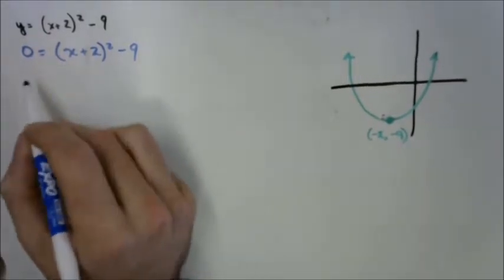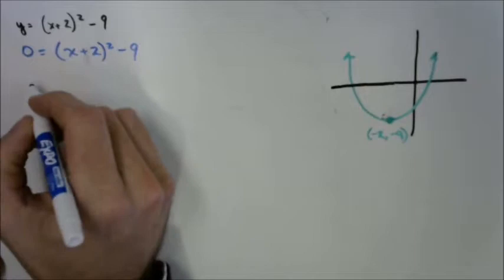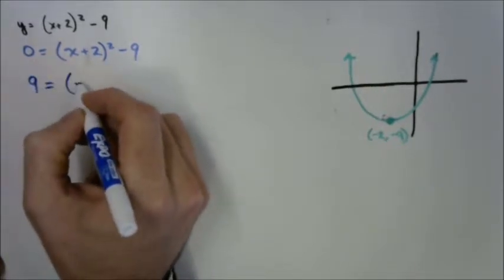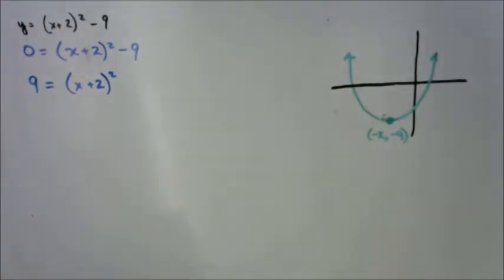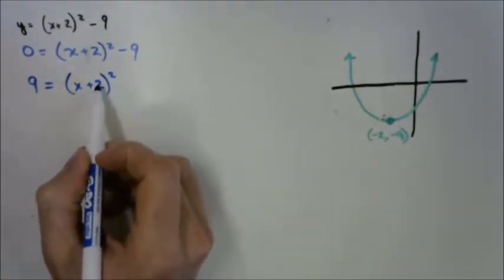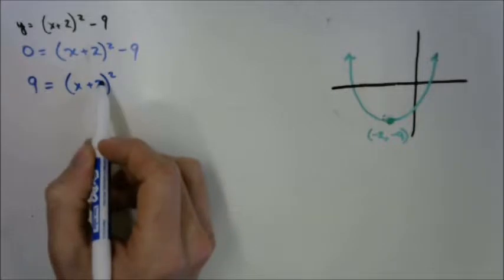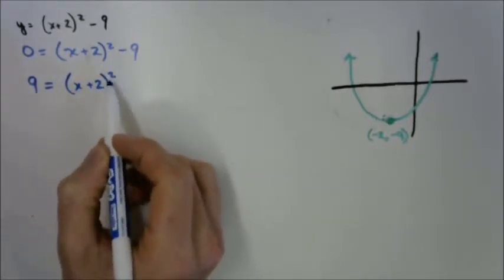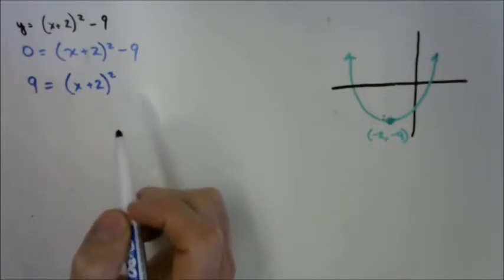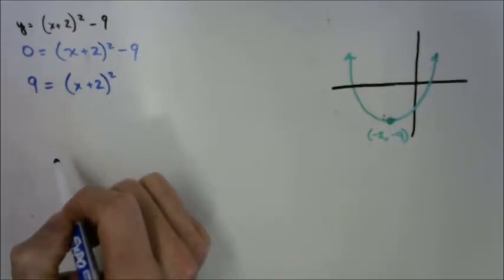The first thing I see that I can do here is add 9 to both sides, leaving me with (x plus 2) squared on the right. Now this x plus 2 is glued together as one entity, and it's being squared. So how do I undo this squaring? Well, I could take the square root of both sides.